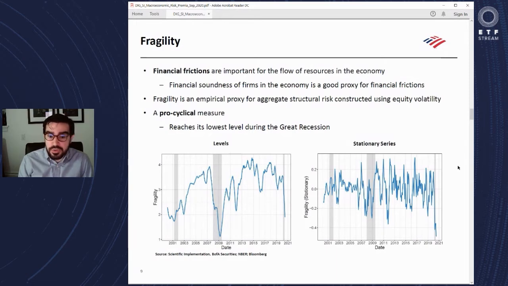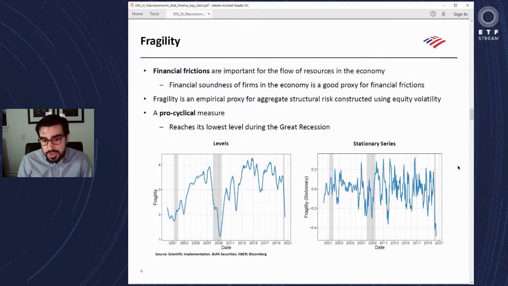That's an indication that the aggregate economy moves closer to default. So each time this measure goes down, distance to default goes down as well. So the economy in general becomes less robust. It gets closer to default.